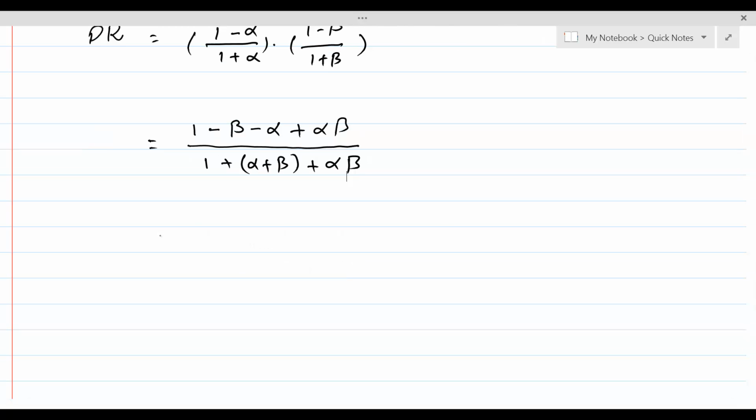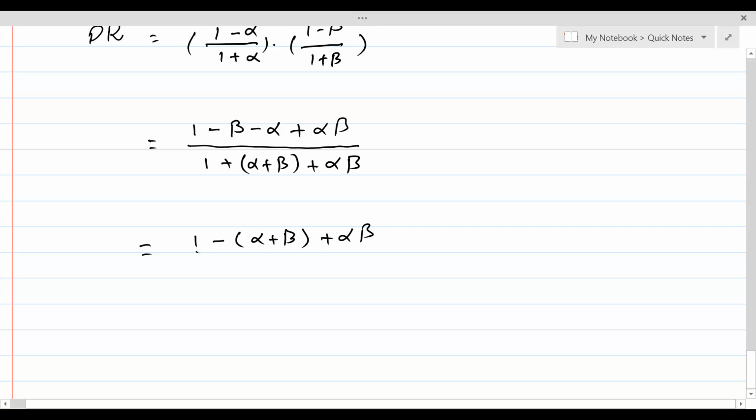And like before, we can take 1 minus common. This will be 1 minus (alpha plus beta) plus alpha into beta, divided by 1 plus alpha plus beta plus alpha into beta.